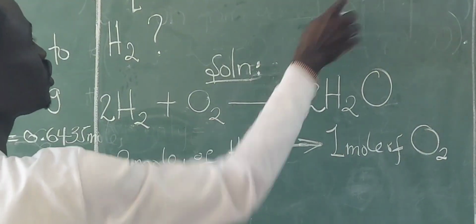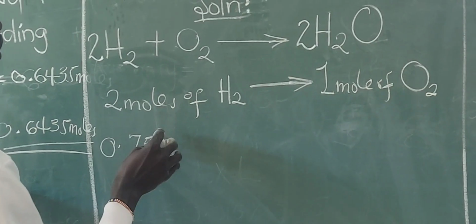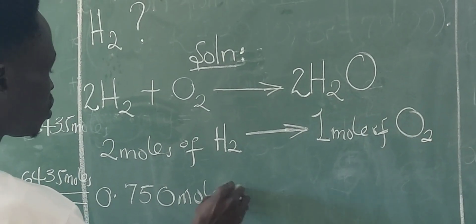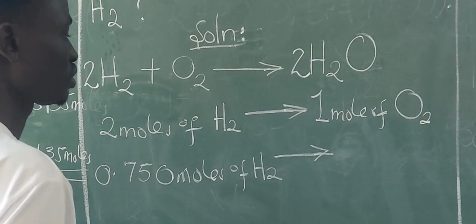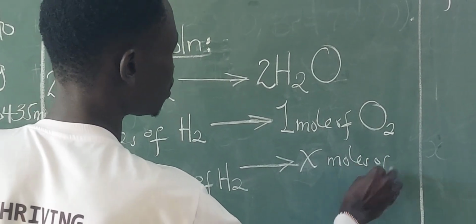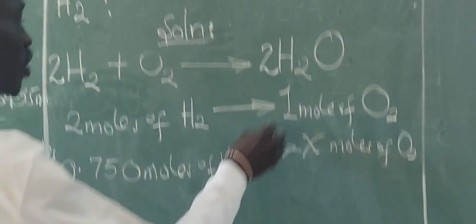So how about 0.75 moles of hydrogen? It will react with x moles of oxygen. Now you cross multiply.